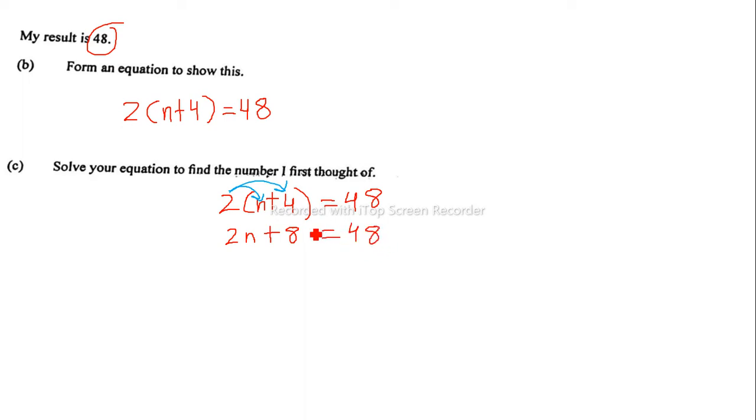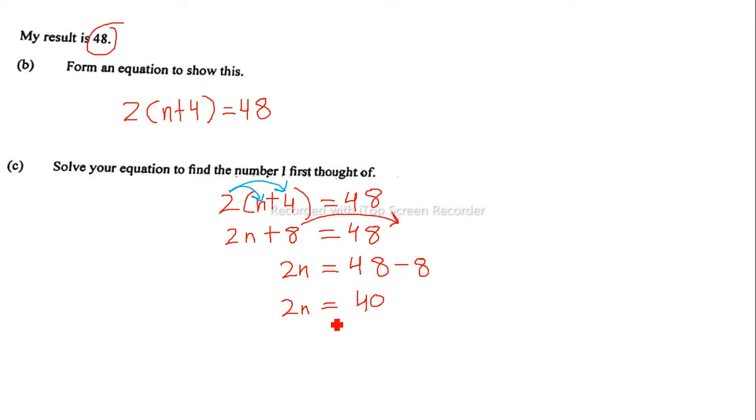The next thing we do is we send the 8 over the equal sign. So it's going to be 2n equals 48. This was positive 8. Now when we send it over, it becomes a negative 8. And so we are left with 2n equals, what is 48 minus 8? 40. 40, indeed.